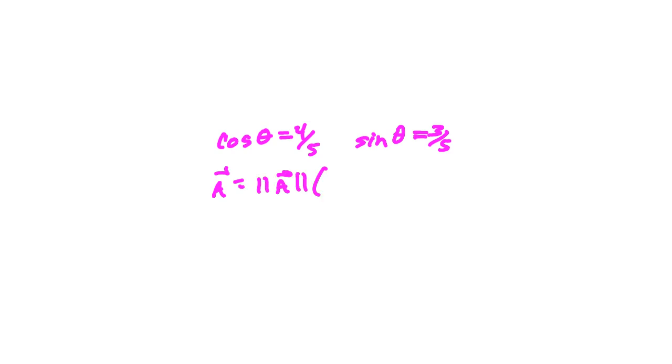Well, no, I think I can. So in my example, I had cosine theta was 4/5, right? And I had sine theta was 3/5. I'm pretty sure that's what I had on that previous screen. So if I do that, then I can write a vector, remember, as the norm of the vector times cosine theta i hat plus sine theta j hat, right?